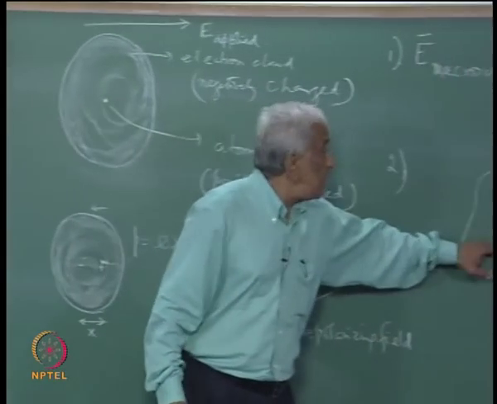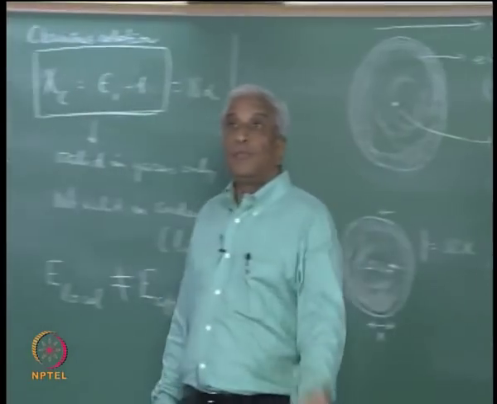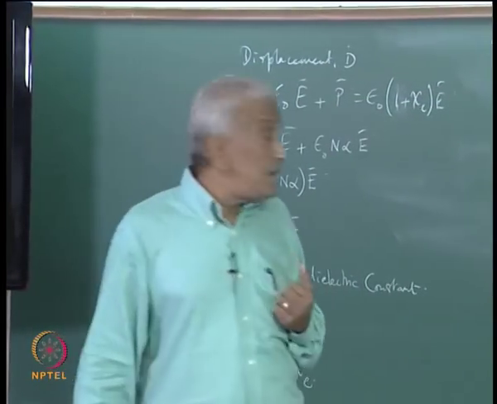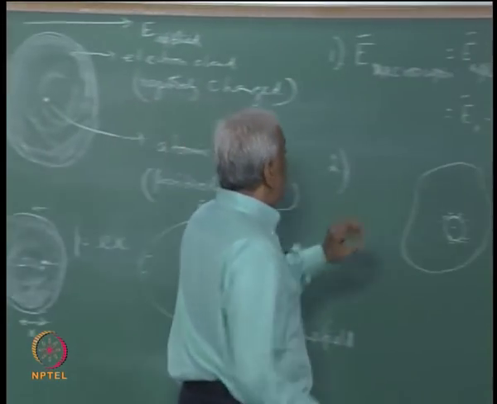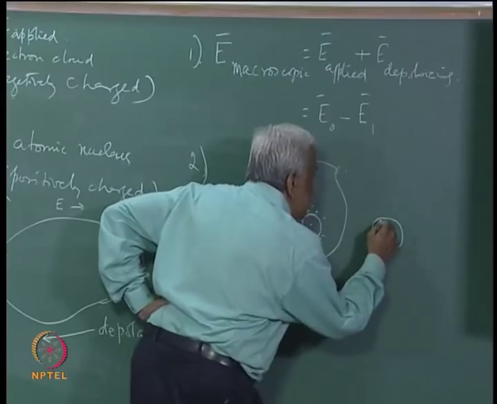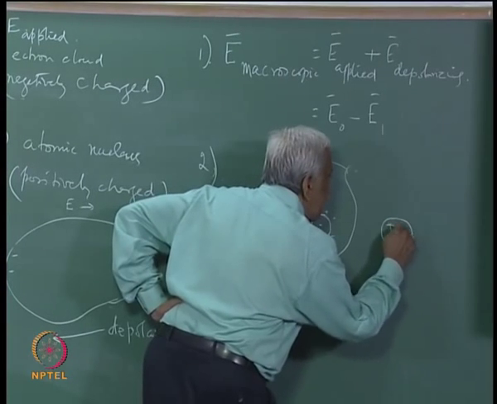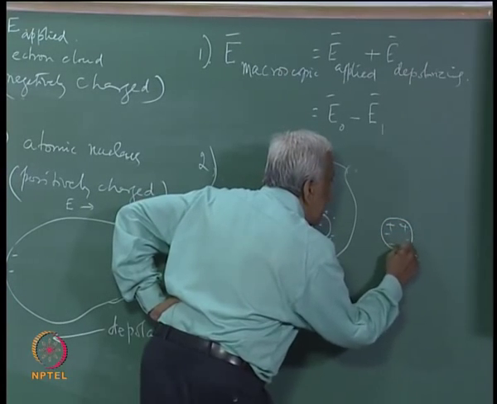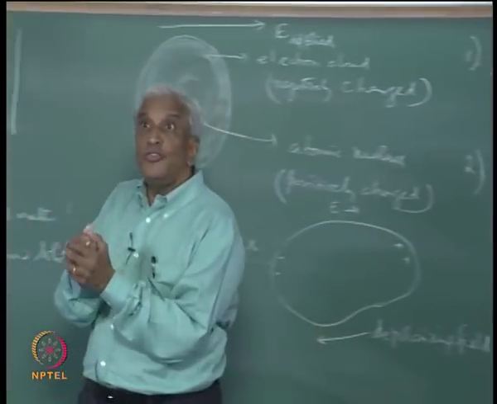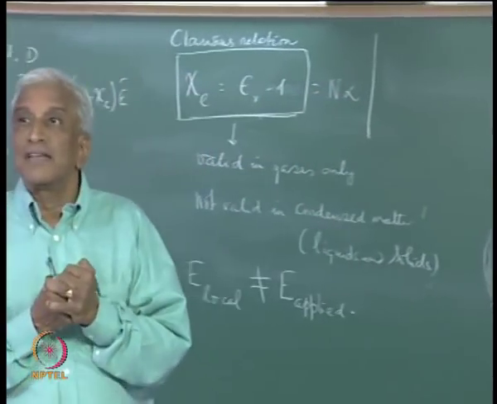So, these charges on the surface will produce an electric field, and then you have scooped out this material, but within this cavity there are dipoles. So, these produce an internal electric field.